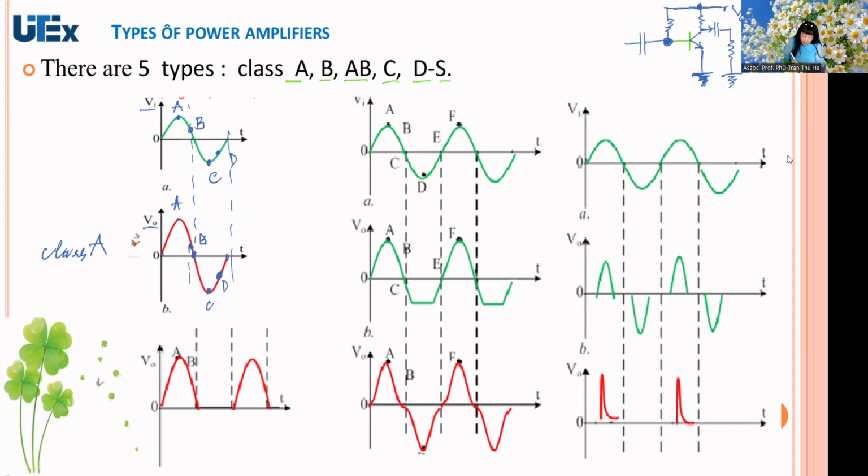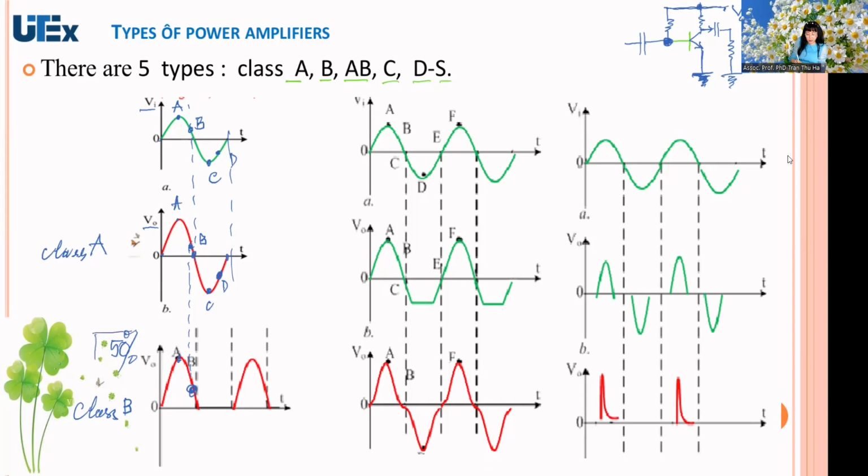Okay? And next, you can see class B. The distortion is 50%. Like a rectifier, the input signal has the A, B, C, D information. And here you can receive only A and B. And C and D you have lost. You have lost information.